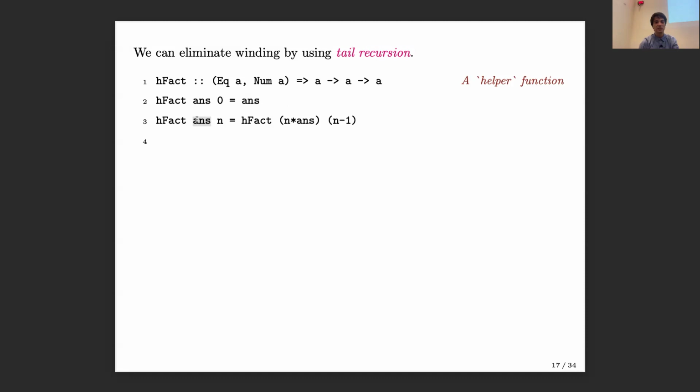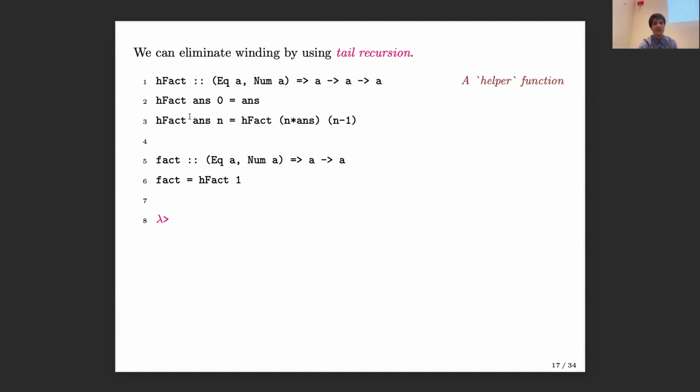Well, helper factorial of n is n times answer. Update the answer, and then call this again with n minus 1. And we'll look at more about how this actually works. And then the factorial function is just this helper factorial function, and you start it off at 1.